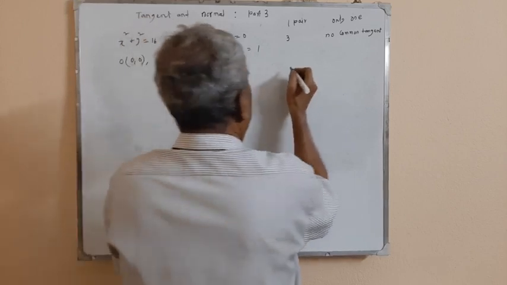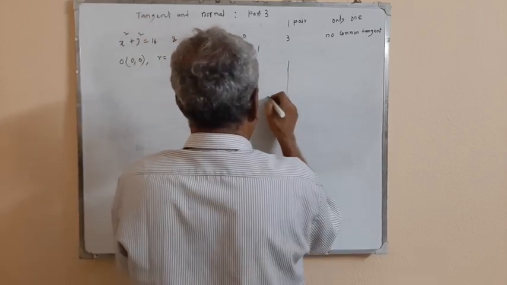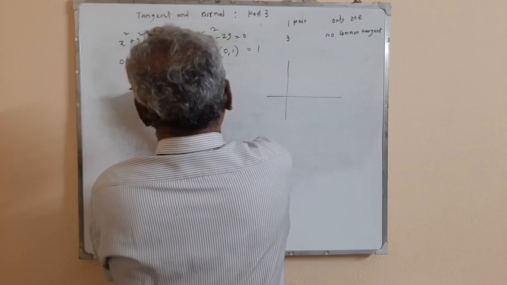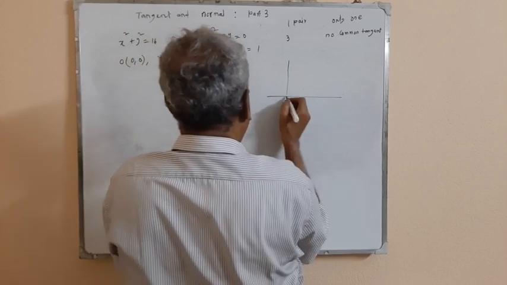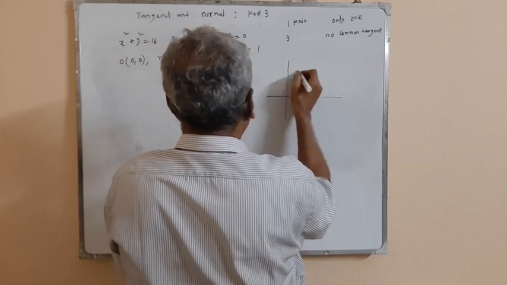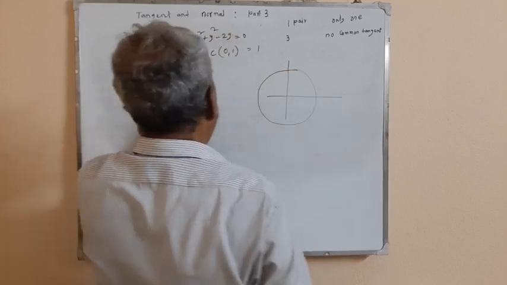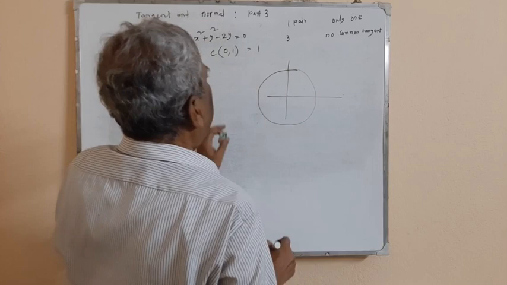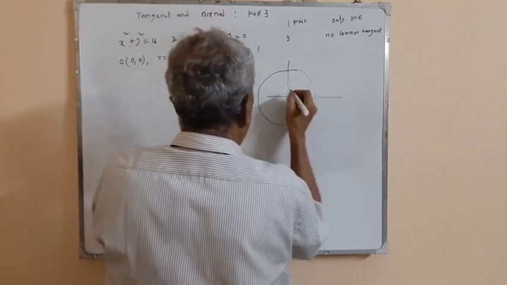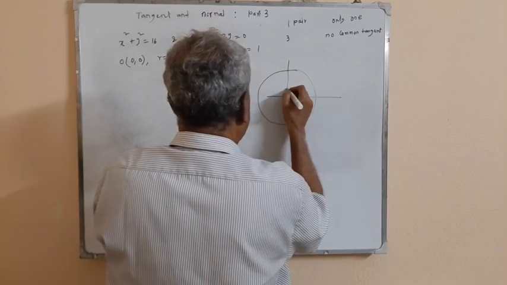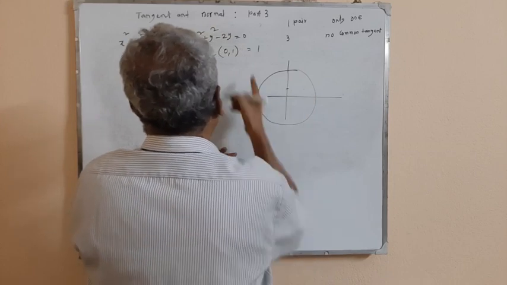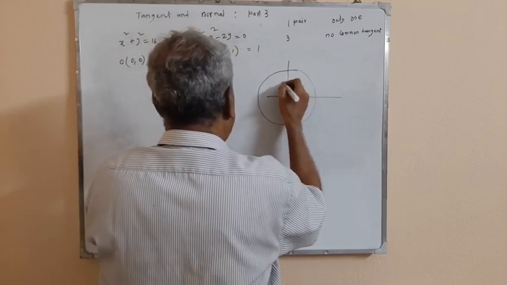So by drawing it, first of all, this one has center at 0, 0 and radius 4. And for that one, its center is at 0, 1 and radius is 1.